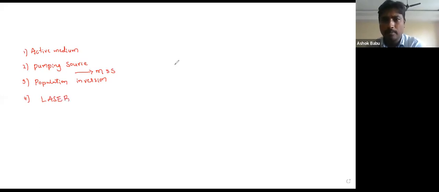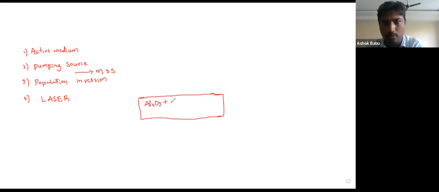So coming to the ruby laser, first of all, the construction. In the construction part, we take one ruby crystal. This is the ruby crystal. The ruby crystal has aluminum oxide ions, Al2O3.